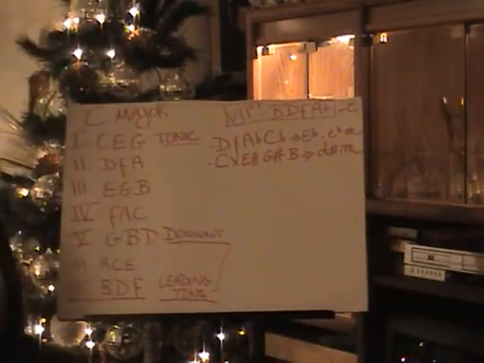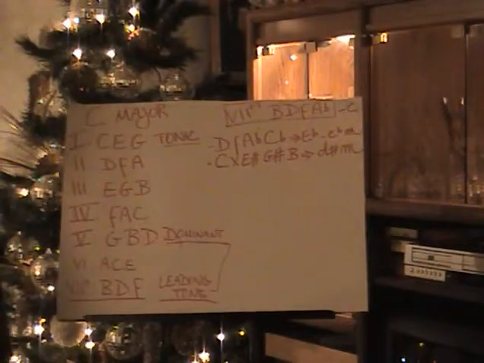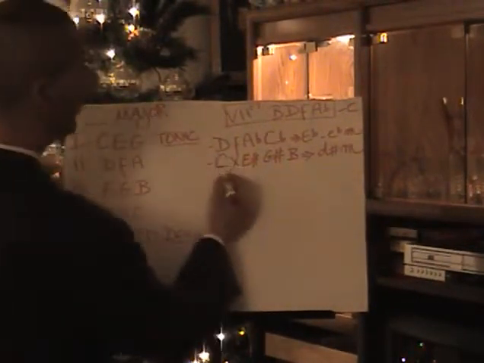And as you know, the key of D sharp minor has 6 sharps, again a remote modulation. Let's go on.